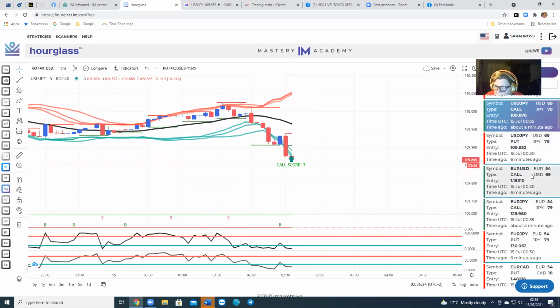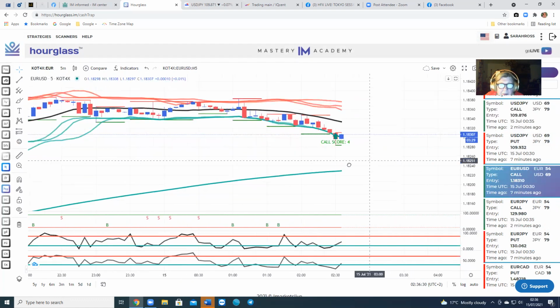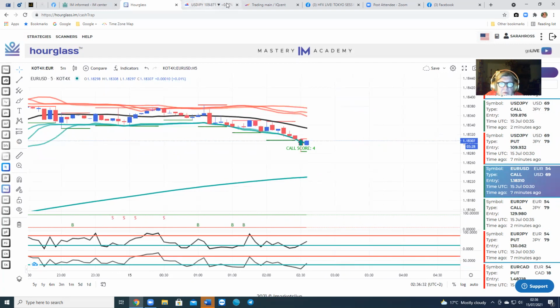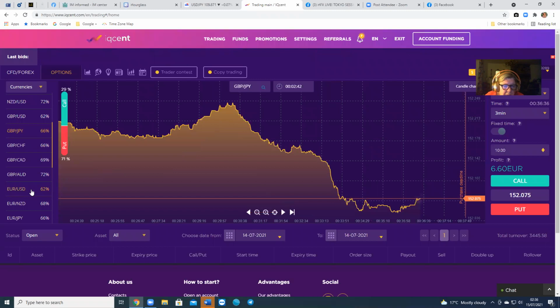Euro USD hasn't given us an update. What's that doing on here? 62%, just not worth trading.